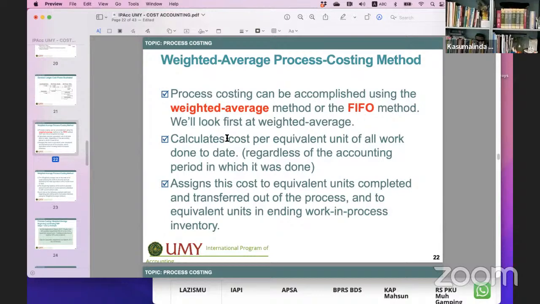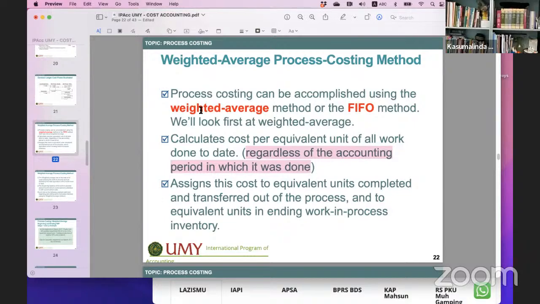Okay, and the weighted average method calculates the cost per equivalent unit of all work done to date, regardless of the accounting period in which it was done. These are the keywords to differentiate between the weighted average and FIFO method.